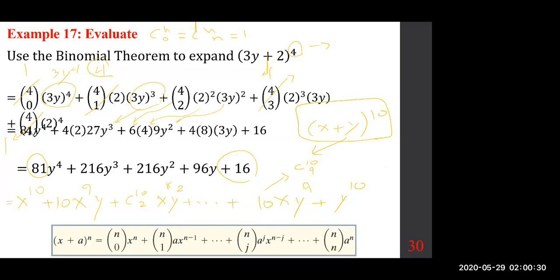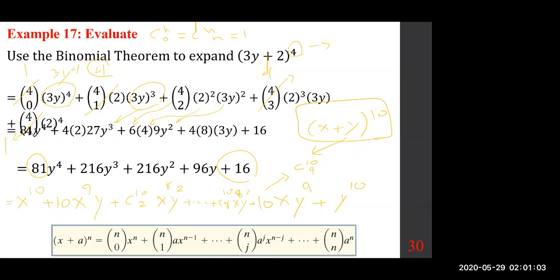Let me write one more. I want to make a point. If I were to write another one here, I would write C(10,8), x to the power of 2, y to the power of 8.